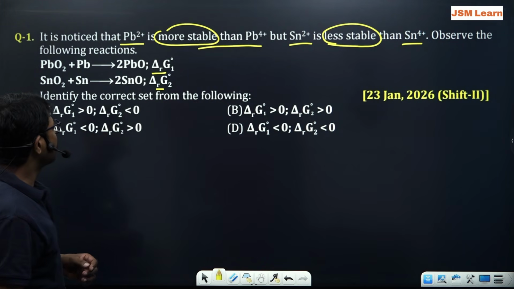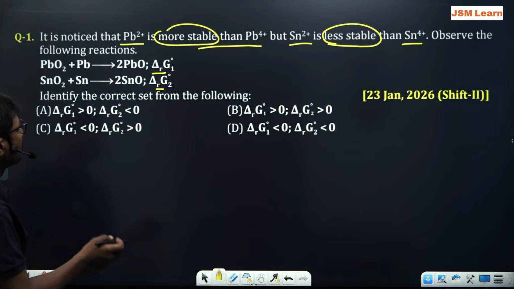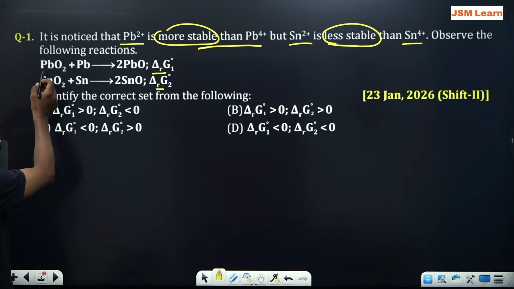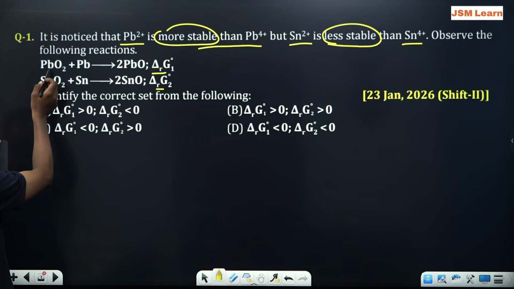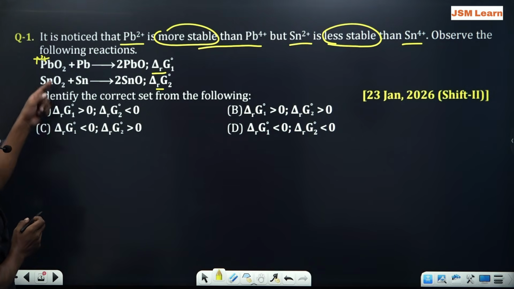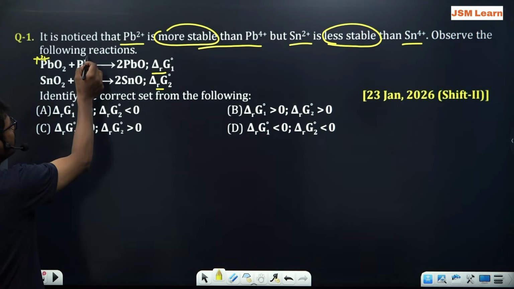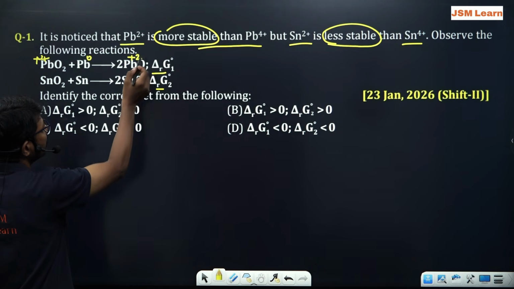Okay, so Gibbs free energy change. Whether they are negative or positive in these cases, you have to observe. Now for this, in the first case, I am identifying all the oxidation numbers. Here Pb is in plus 4 oxidation state, oxygen is minus 2. Here this one will be in 0 oxidation state. Now here Pb is in plus 2 state.